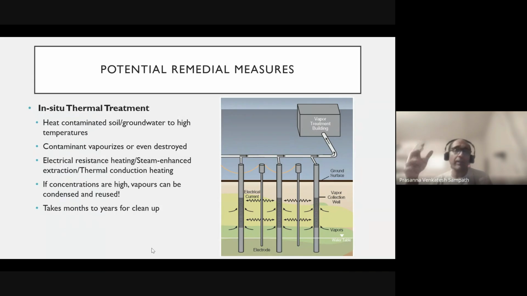If it gets destroyed, that's best. If it vaporizes, then you extract the vapors, because it's in a different phase. It just escapes because it's lighter than water. It will start escaping up, because any hot air will automatically start moving up because it's lighter. So when it moves up, we just use some kind of extraction system to remove the vapors.